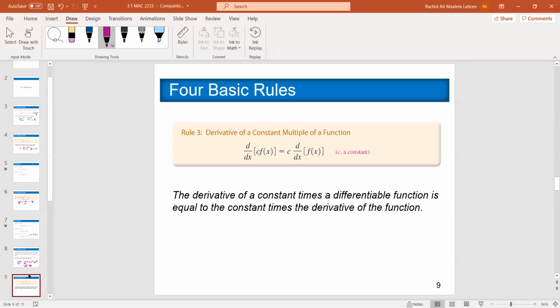Right? The derivative of a constant multiple of a function. So this is not the derivative of a constant, so let's make sure we know that. The derivative of 5 is 0, but now we're talking about the derivative of a multiple like 5x. 5 is multiplied with x, so what we do is we keep 5 to the side. Based on the rule, c times f, c outside, f inside.